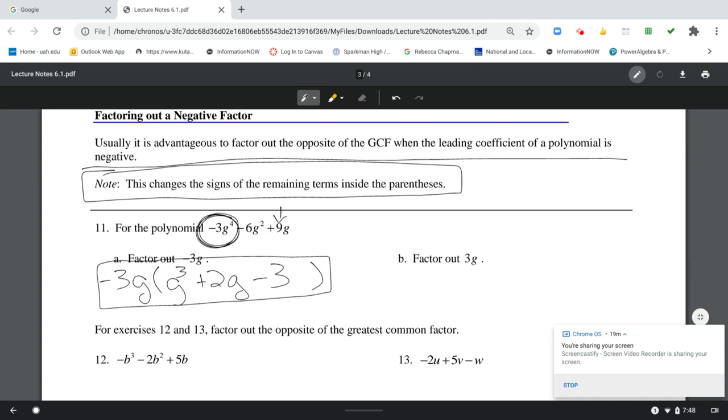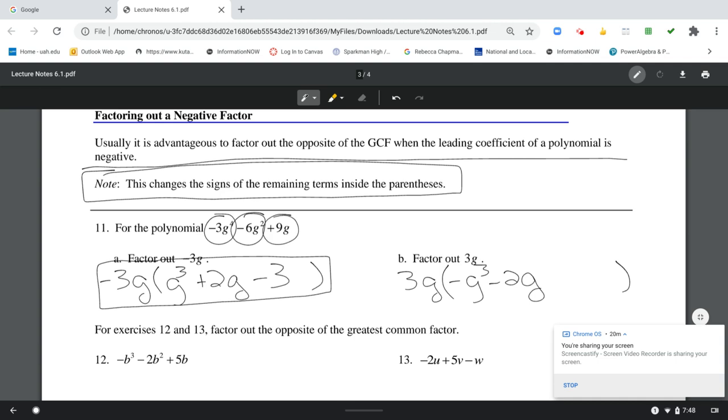Now, over here, this simply says factor out a +3g. So when I do that, if I factor out a positive, all the signs remain the same. So a -3 divided by a +3 is a negative. Subtract those exponents. A negative 6 divided by a positive 3 stays negative 2, subtract your exponent.